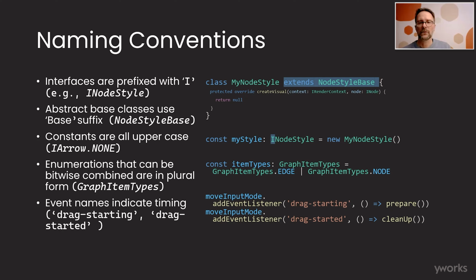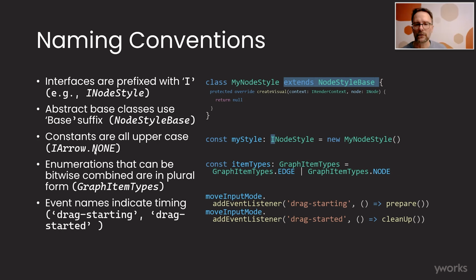Many abstract classes use Base as a suffix, meaning that those are meant to be used by you as a base for overriding. For example, if you implement your own node style, you would extend from NodeStyleBase, which implements the INodeStyle interface. So there's a very rigid naming strategy here, and this will help you understand and find the corresponding classes and interfaces quickly.